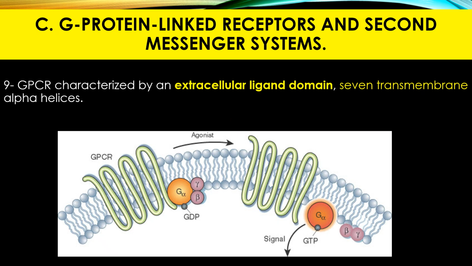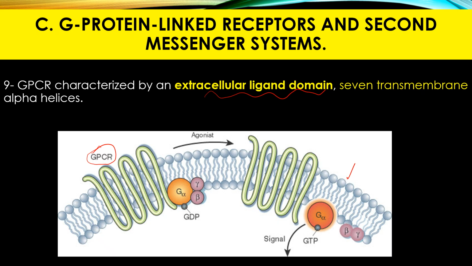So this is the GPCR example. Here you can see the plasma membrane, and here you can see the GPCR. GPCR is characterized by an extracellular ligand domain.